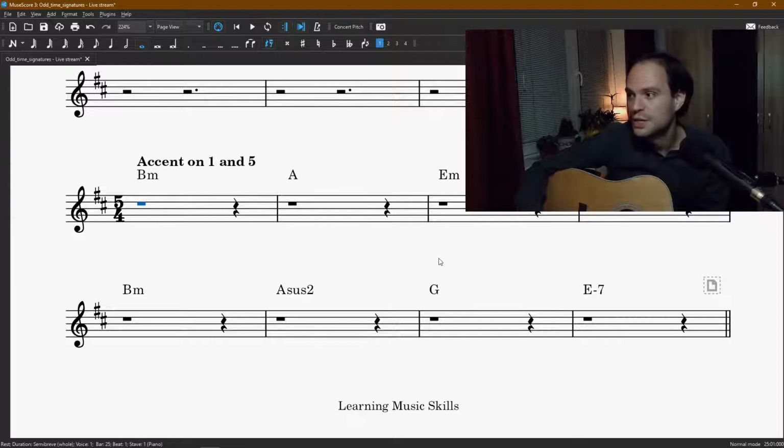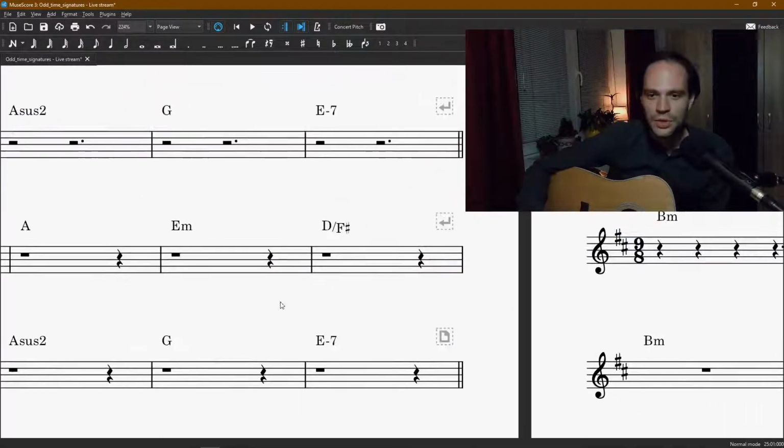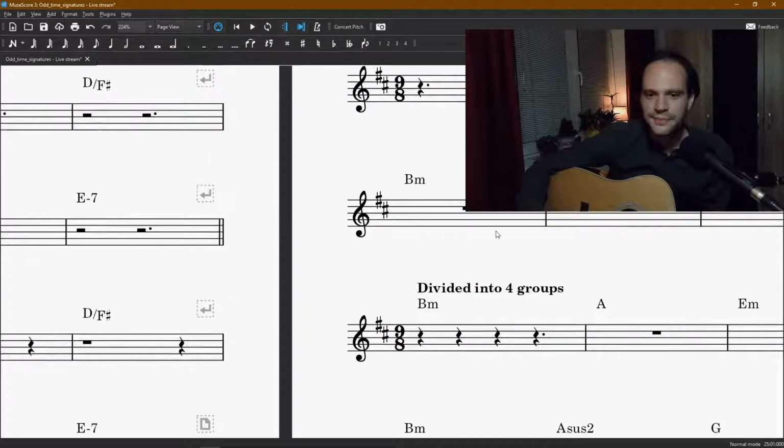The average audience who will listen to your music will probably not know that this is in 5/4, which is very unlikely if they're not a musician, but they will notice that something is off, which, if you manage to package it in a good way, will be really cool. That could set your music really apart from other people.